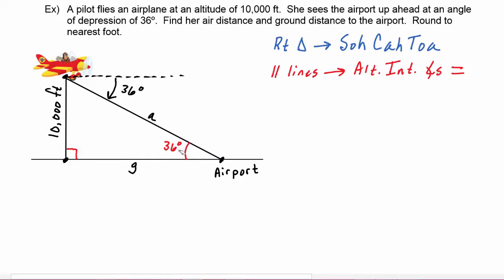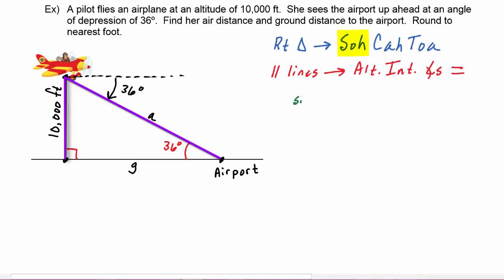So relative to the 36 degrees, we see that the 10,000 is the opposite leg, and the air distance is the hypotenuse. So if we're using opposite and hypotenuse, then that means we have to use the sine function.